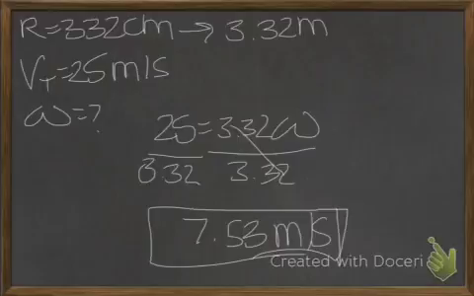What is the angular velocity? Calculating it, you take 25 equals 3.32 times omega, divide by 3.32, and you get that the angular velocity is 7.53. This, in a sense, would be the speed that the wheel is actually rotating with.